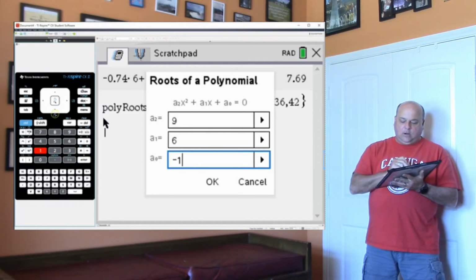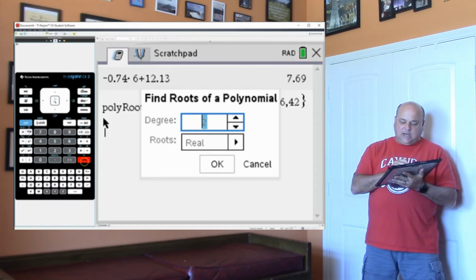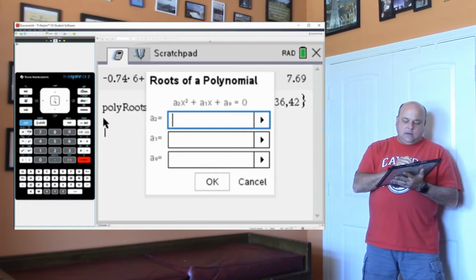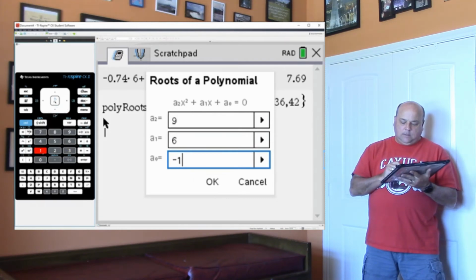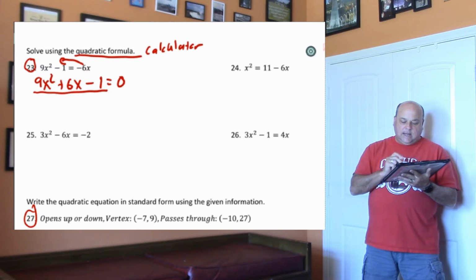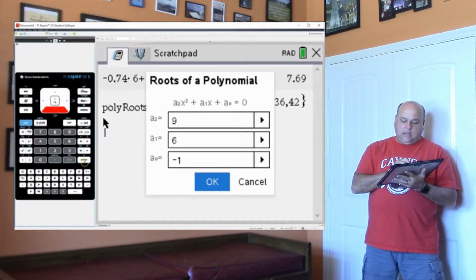And then down, and then hit enter. Darn it, I just canceled. So 9 down, 6 down, negative 1, and let me make sure that's right. 9, 6, negative 1, that's right. I'm going to hit down. I'm on the OK, hit enter.